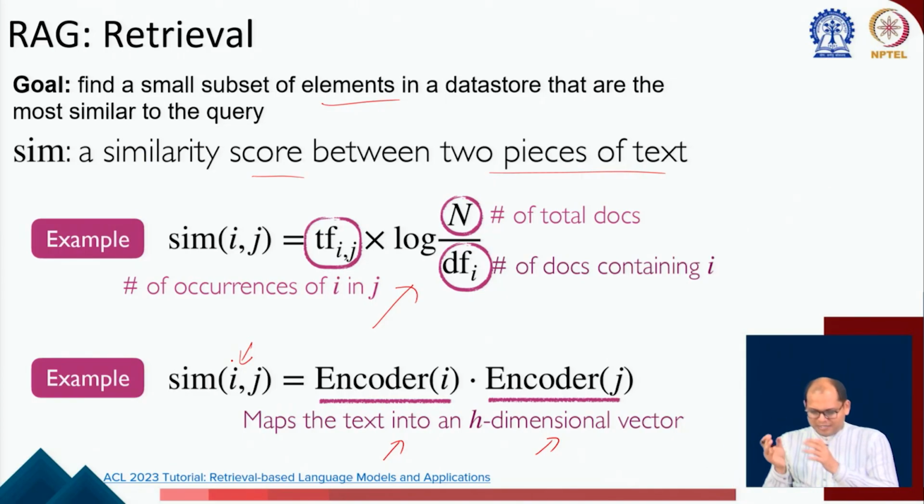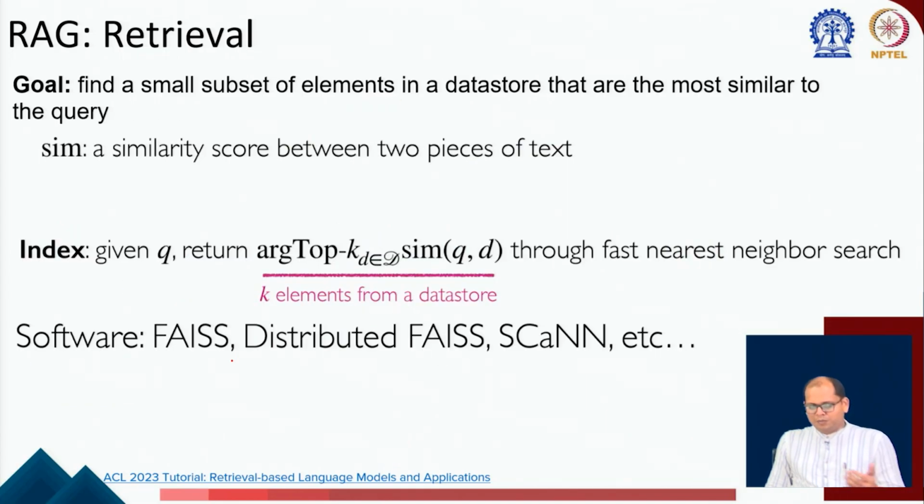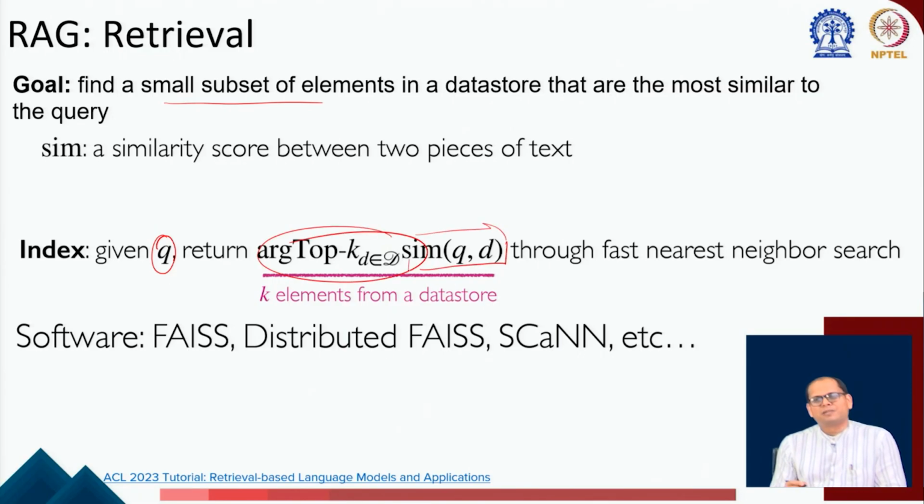So you may have a query and document encoder, and we talked about ColBERT and other kinds of architectures. So what is our goal finally? I want to find a small subset of elements, right? So our task is, given a query for the retrieval part, I want to get the top k documents from the entire data store based on the similarity of query and document.